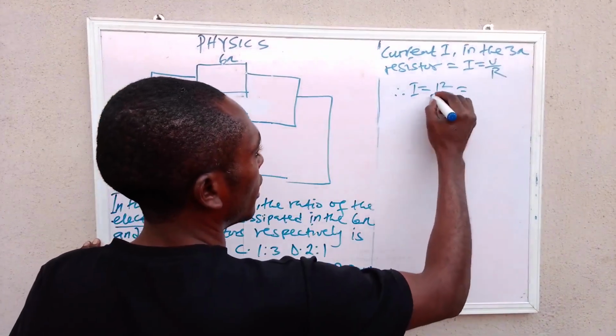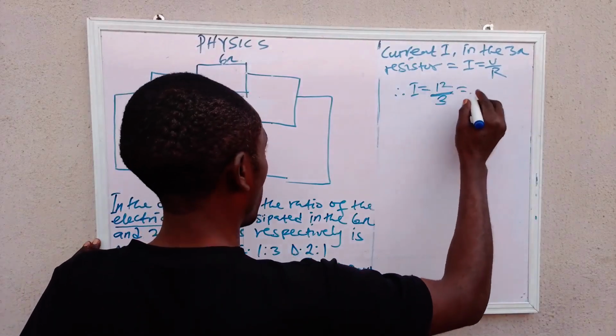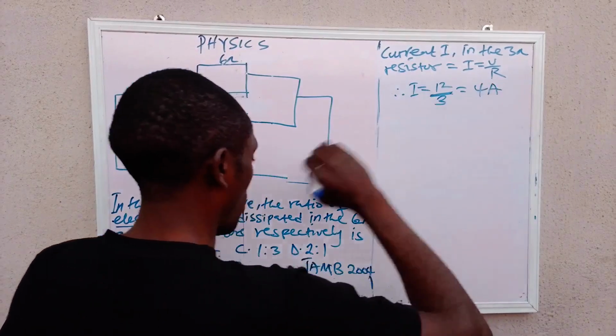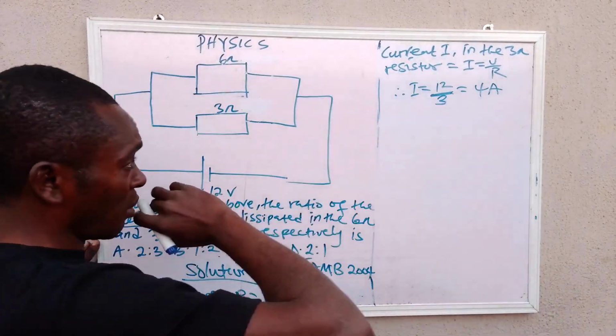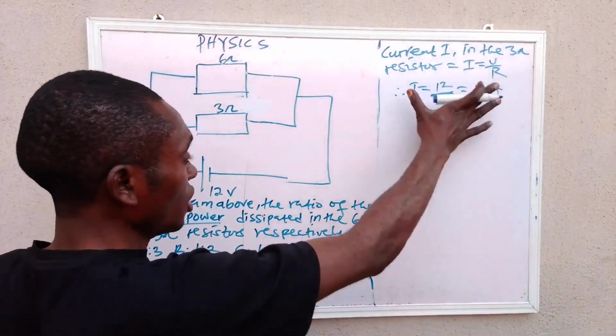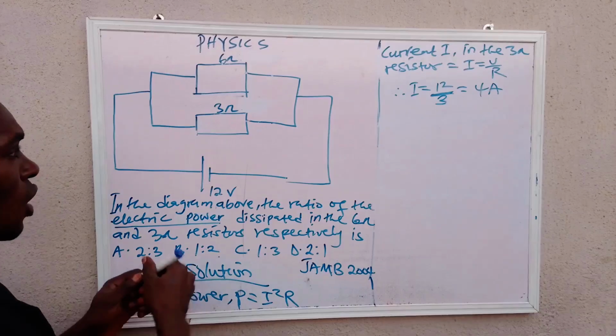So 12 divided by 3 is going to give us 4. The unit for current is amperes, so 4 amperes.